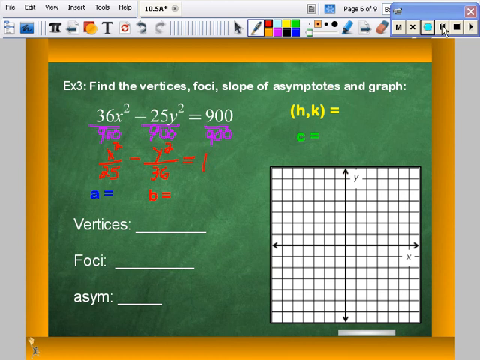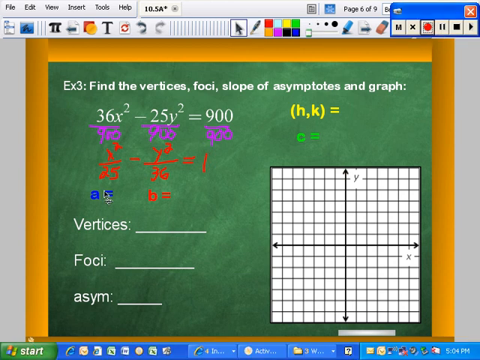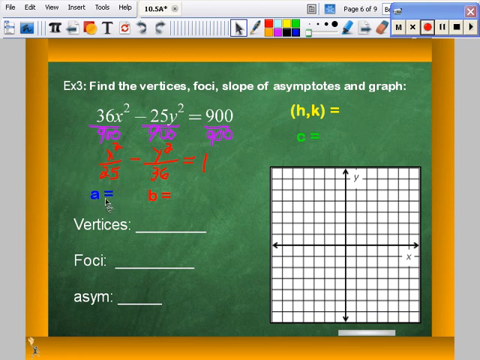Okay, so our A is going to be 5. The square root of 25 is 5. Square root of 36, 6. Our C is going to be the square root of 25 plus 36.